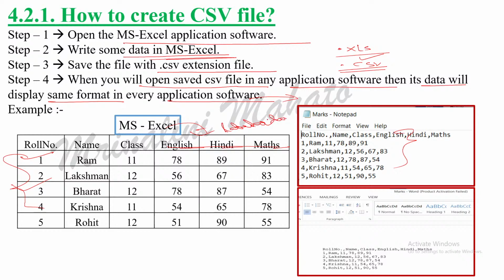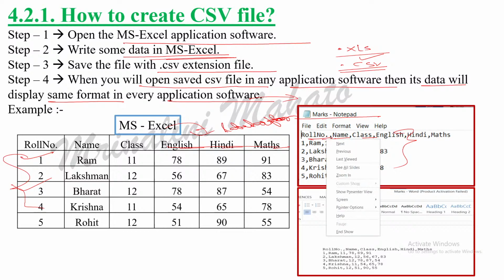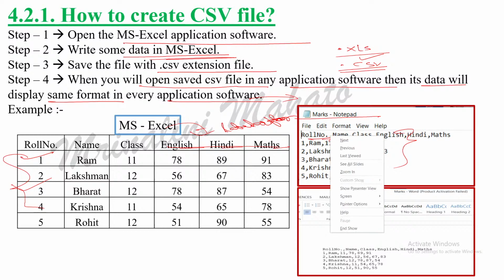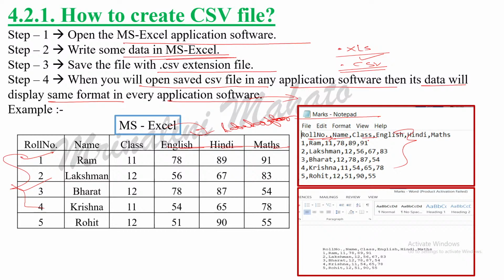Okay, tabular format, but whenever you open it, look here: roll number, comma, name, comma. That means every value is separated by the comma only. So comma is a delimiter. Comma is the delimiter of CSV file. You can change the delimiter also. Look at another example here.